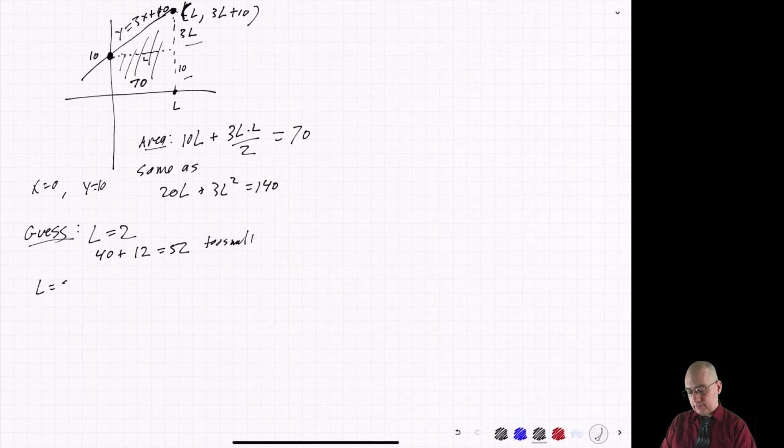I think, with the 20 thing, I'm a little nervous to get too high, because 20 times 5 is already 100. And then we add L squared, which is 25 times 3, that is 75, so that's 175. Too big.